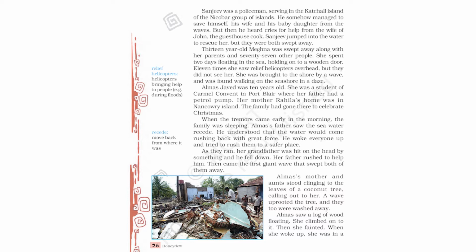Did you see Sanjeev? That's good. Okay. Then you will also find more members. You can find Sanjeev, his wife, his daughter, John, John's wife, and then go down a little bit. You can find Meghana there, her parents, 7 others.